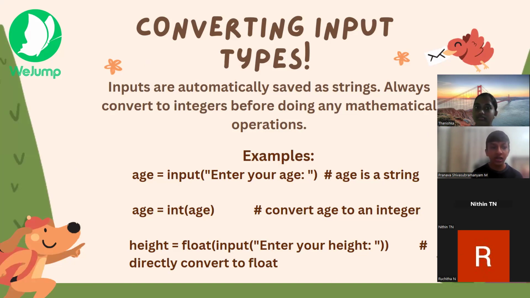Inputs are usually automatically saved as strings, but you have to tell it should be an integer or boolean or float or anything. So it is called converting the input types or variable types.